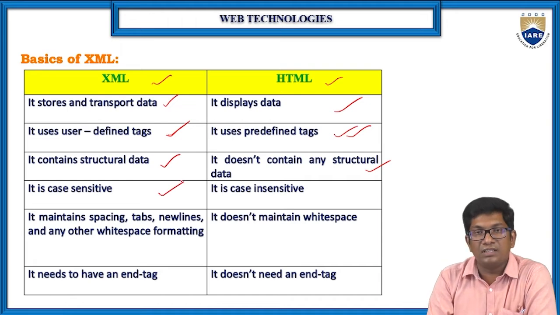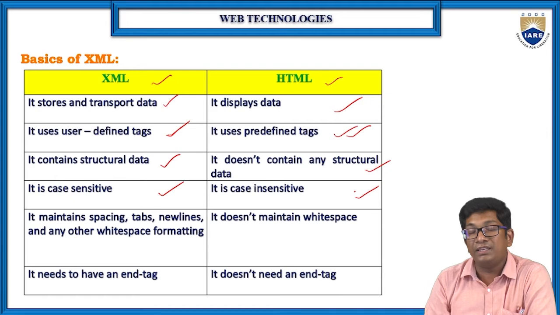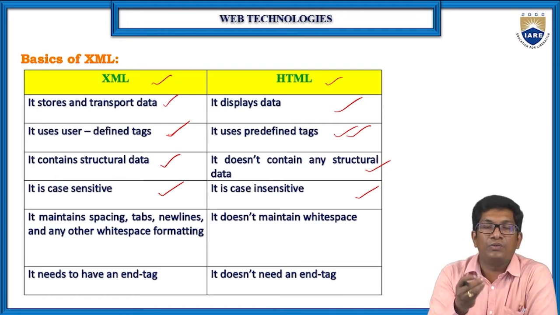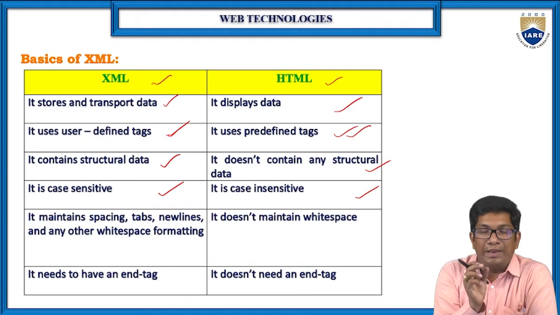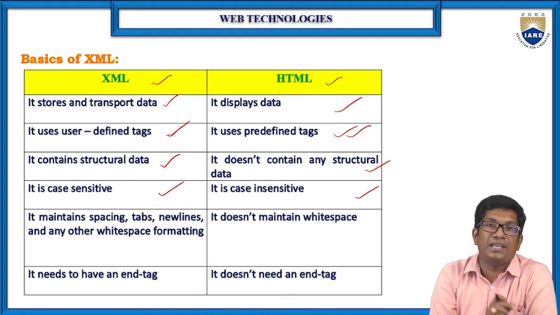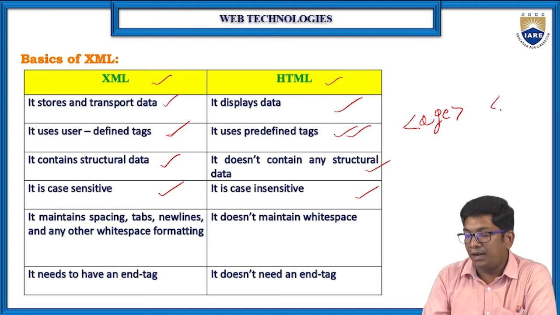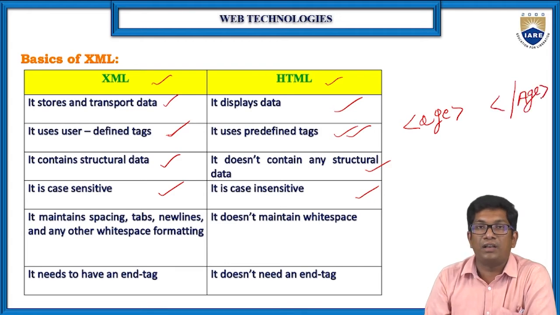Another difference is XML is case sensitive and HTML is case insensitive. Case sensitive means in XML, the tag name for the start tag and end tag must be the same. We can't use the same name with different cases. For example, age: if we write it in small letters in the start tag and capital in the end tag, it is not allowed in XML.